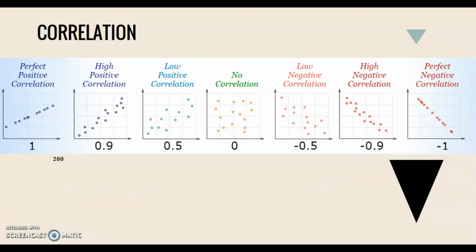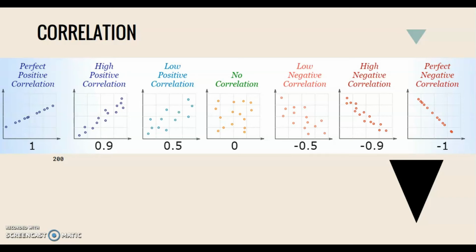So more graphical representations. We have perfect positive correlation. They go together, the values increase together. And then the high positive correlation. It seems like it is scattered in the graph, but then it increases, right? Both values of those variables increase.